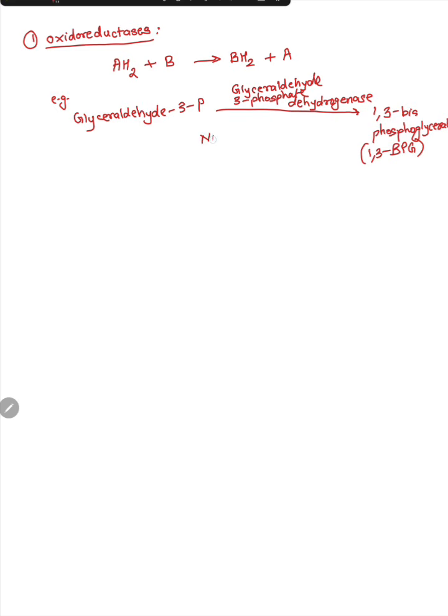And NAD acts as the coenzyme for this reaction. It also gets phosphorylated. Inorganic phosphate comes from the matrix and it becomes 1,3-bisphosphoglycerate, and NAD gets reduced to NADH, and one proton is released into the matrix.